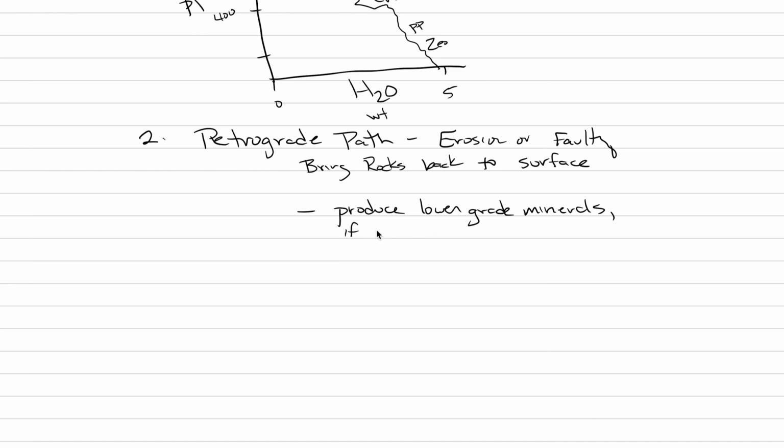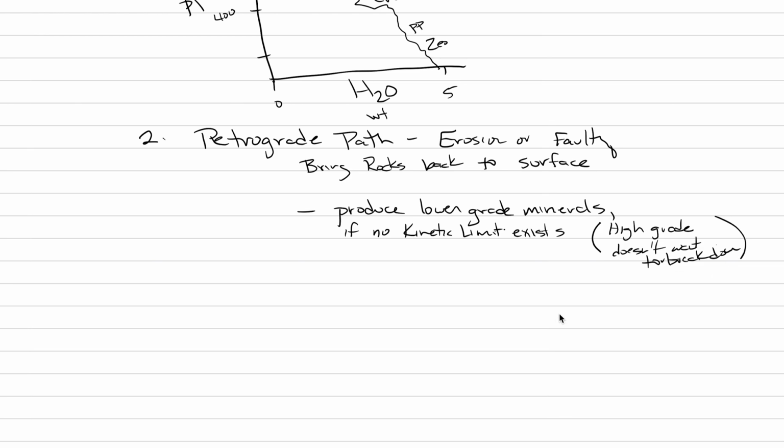If no kinetic limit exists, thermodynamics says we should produce these lower grade minerals, but sometimes those high grade minerals that form during the peak were actually really stable, and the high grade ones don't want to break down. So we'll just say high grade doesn't want to break down.